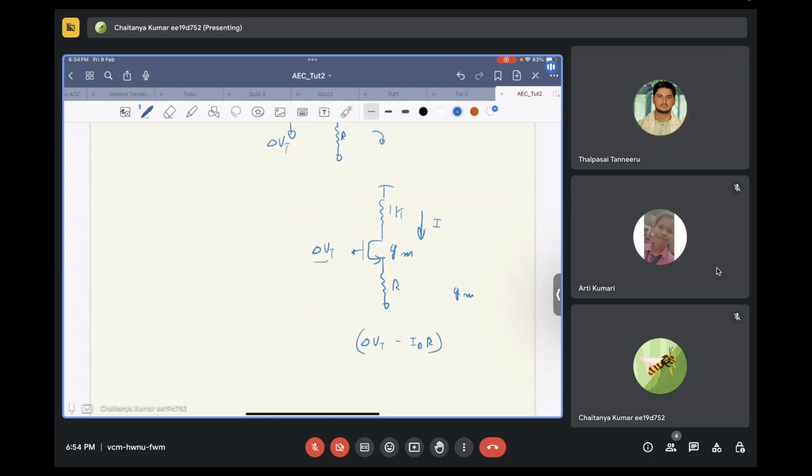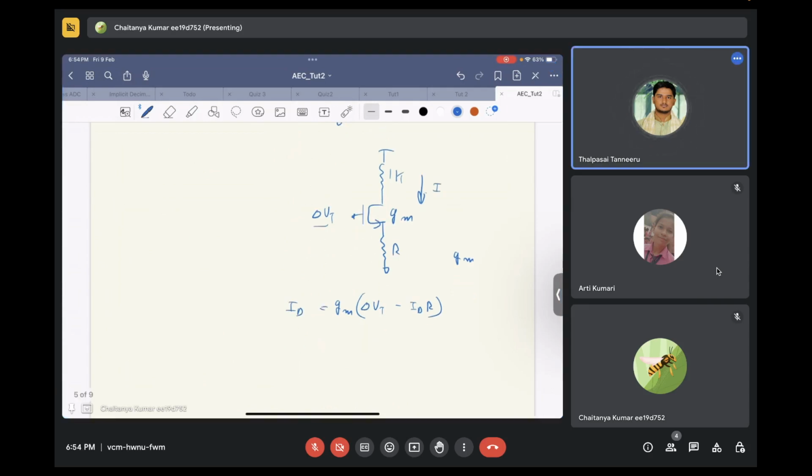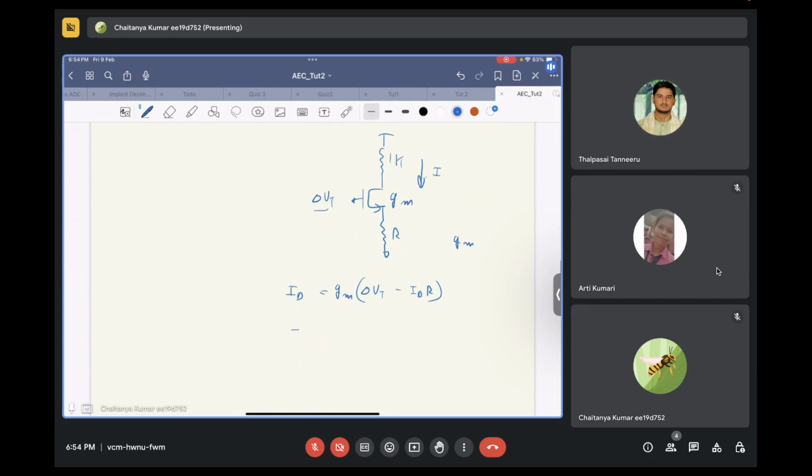Delta VT is a small value. So GM times this thing, right? Yes, sir. GM times VG into ID, correct? Correct. So from here ID you can calculate as GM upon 1 plus GMR times delta VT.